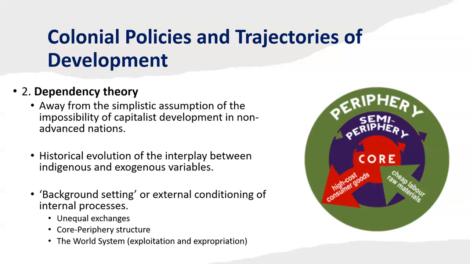The periphery would offer cheap labor and raw materials, and the core would offer high-cost manufactured or consumer goods. And the whole relationship is based on expropriation and exploitation.